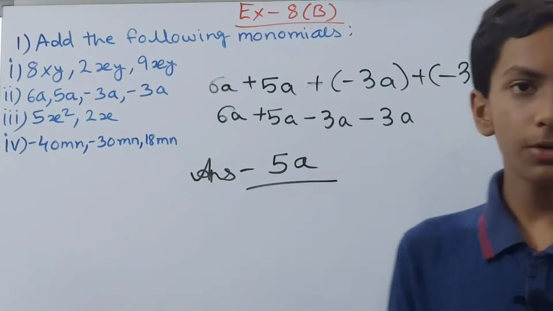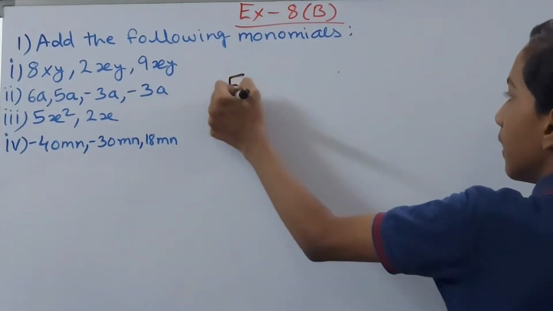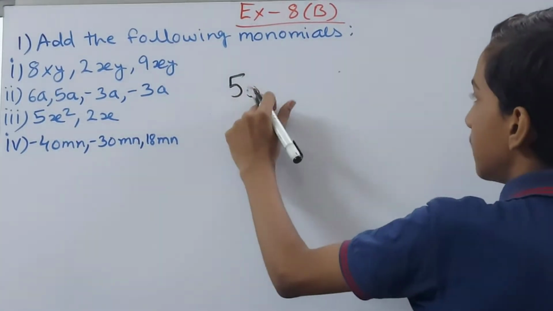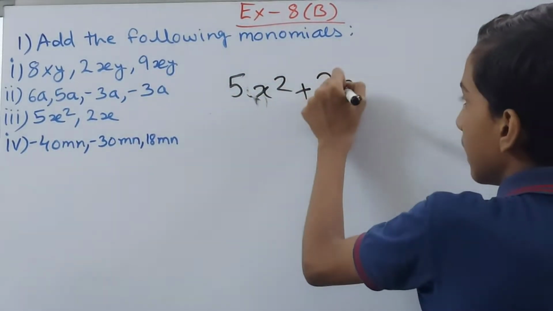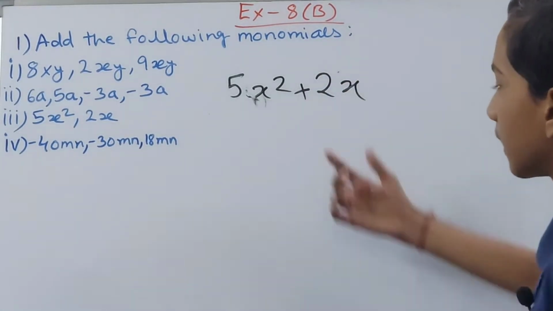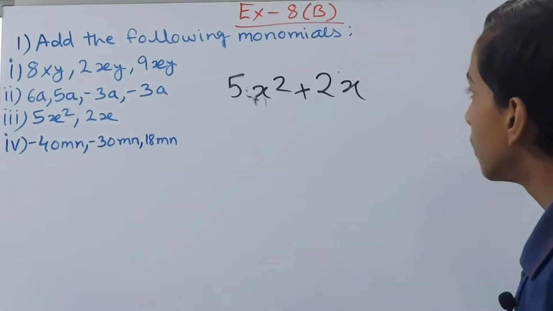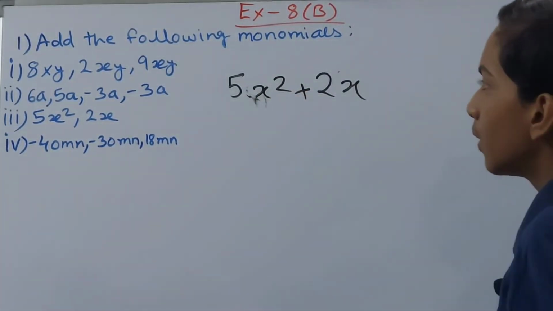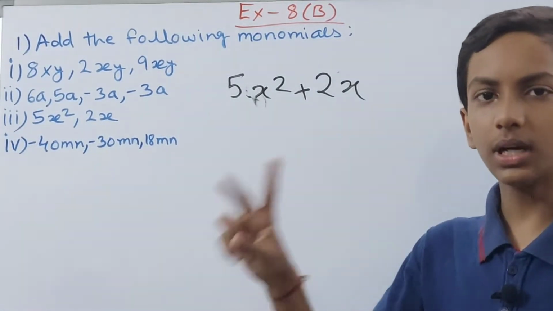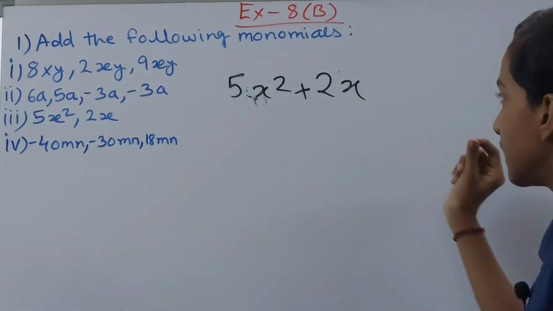Let us move on to the next part. We have 5x square plus 2x. Is there a like term here? No. Why so? Because x square and x are two different things.